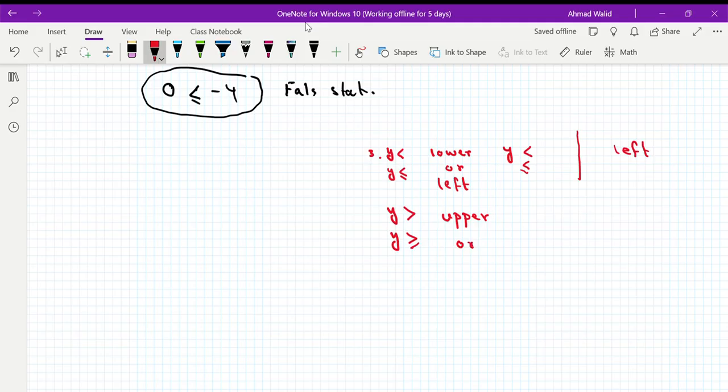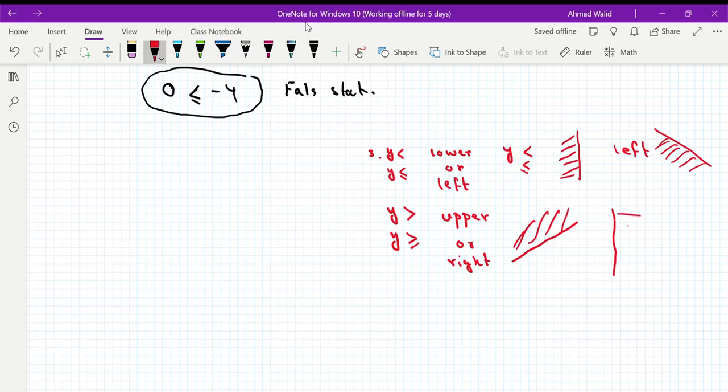Or if your line is vertical, shade the right side, correct? And this one, the left side, or if the graph has a shape, the lower part. And this one, shade the upper part of the graph, or if you are dealing with a vertical line, the right side of the graph.